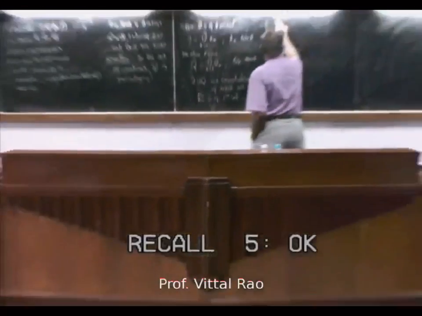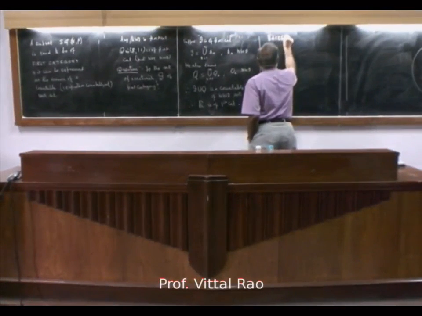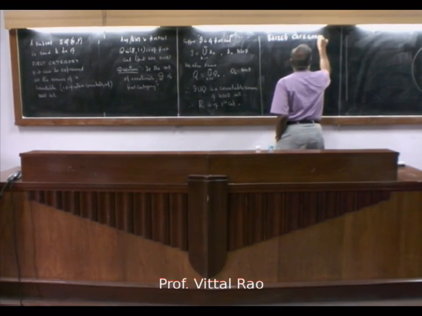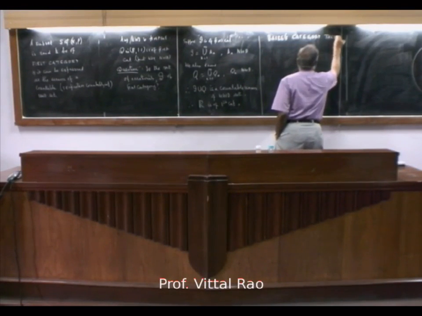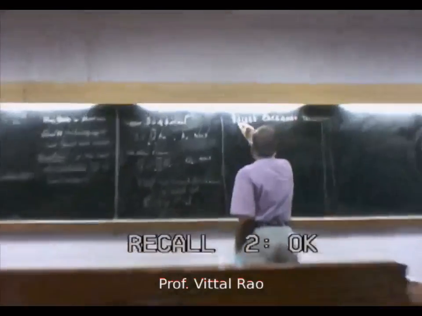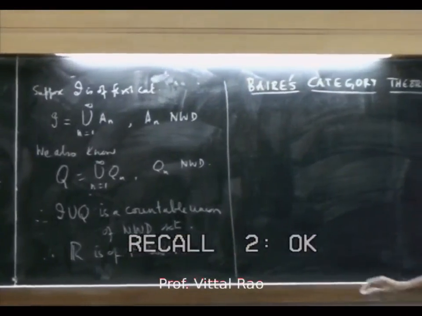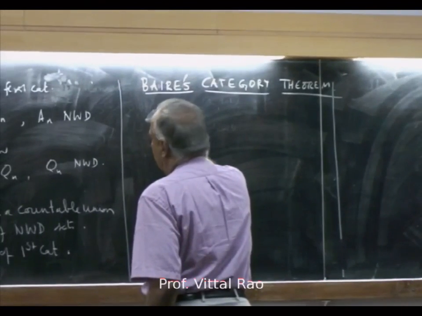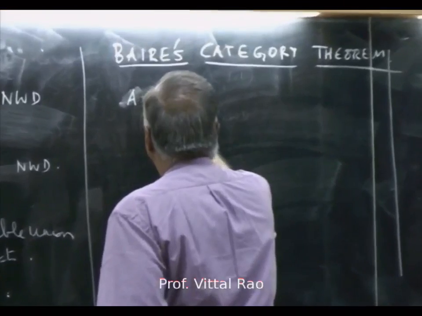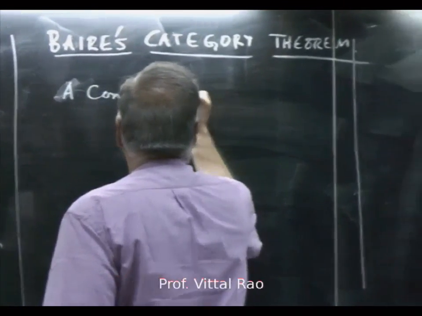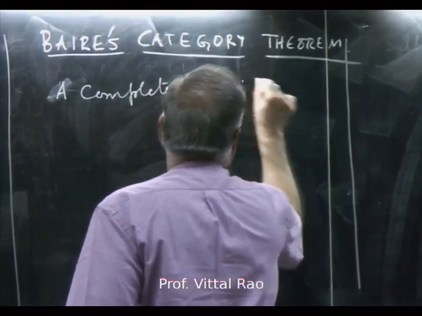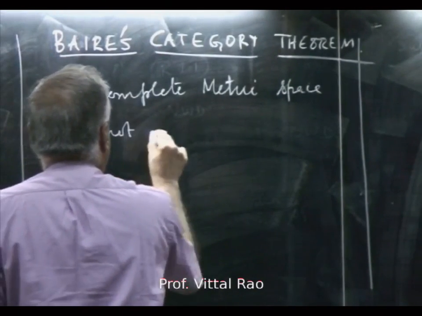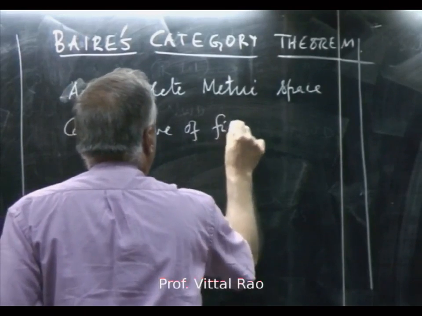So Baire's category theorem has very many general formats, but I am going to state only this. A complete metric space cannot be of first category.